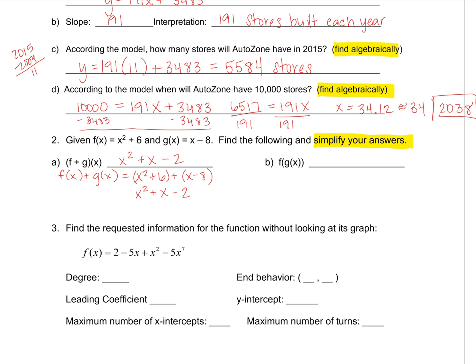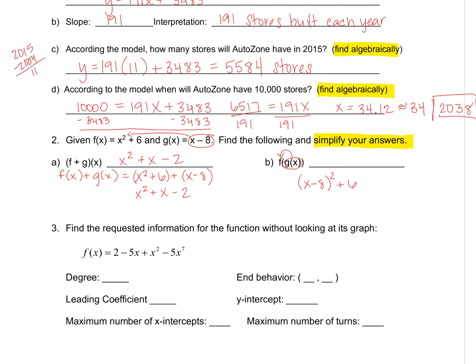For this one, I'm going to have f of g of x. Remember, I'm taking g of x and plugging it into f. So instead of x squared, I'm going to have x minus 8 squared plus 6.